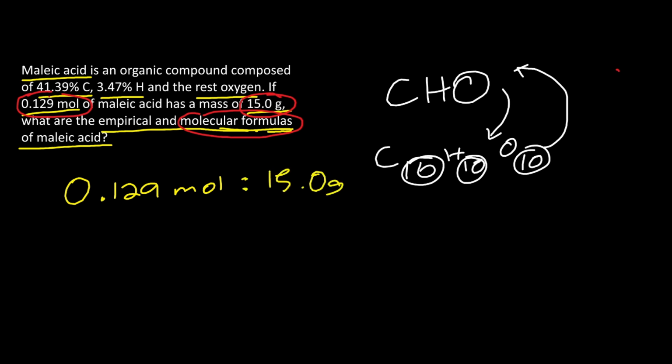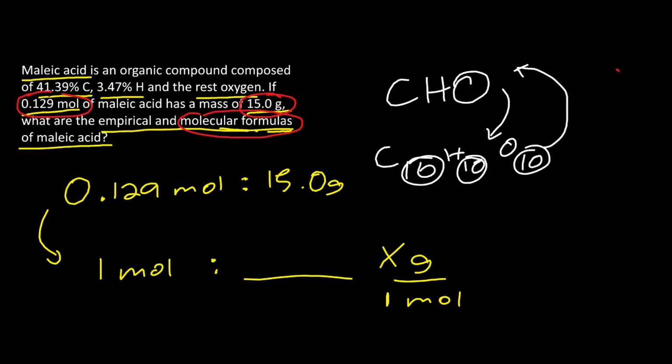Essentially what we want to do is get to our molar mass of malic acid, which we know is expressed in grams per mole. So this is some amount of grams over 1 mole of our compound or element. So we want to get to 1 mole for every something amount of grams.